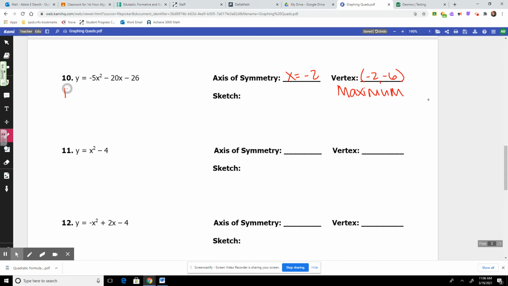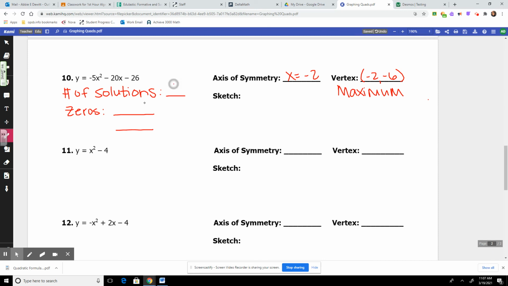The number of solutions and your zeros for number 10.